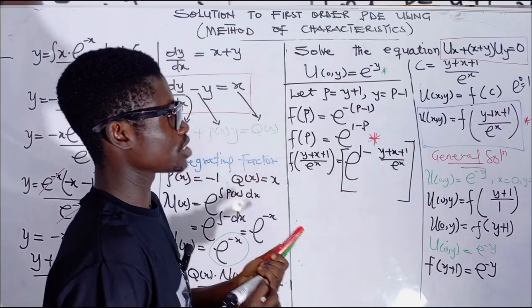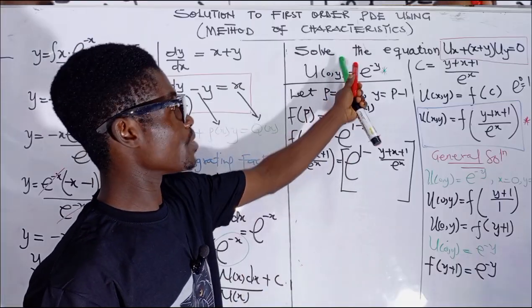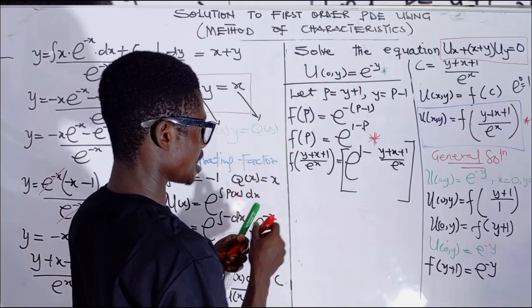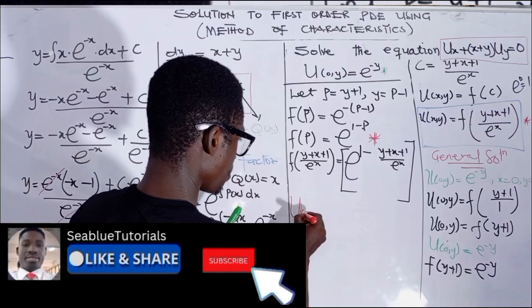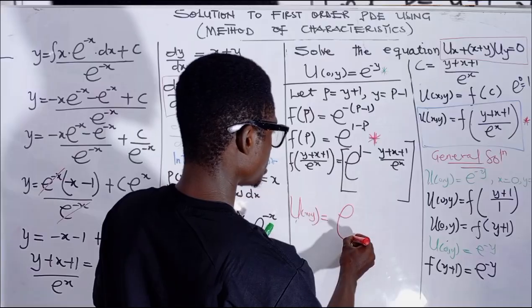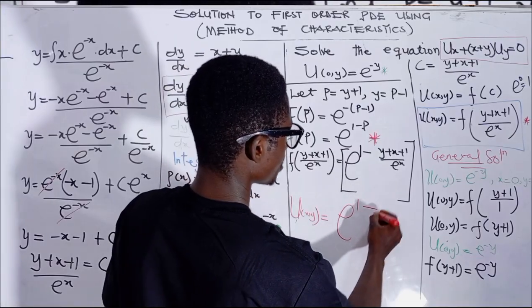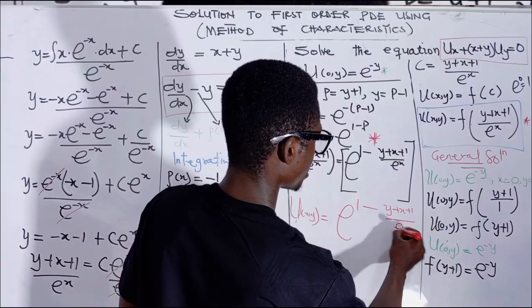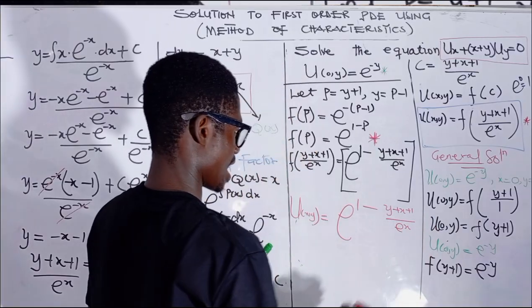Therefore, the particular solution for this PDE with the initial condition given, we can rewrite nicely as u of x, y is equal to e exponent 1 minus (y plus x plus 1 all over e exponent x).